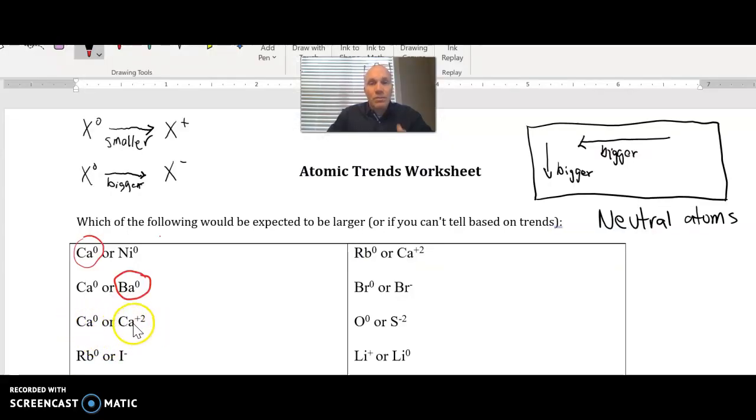Notice that this one compares the same element but with different charges. So this is the one where you're going to use the trend of comparing a neutral atom to a charged version. When you compare a neutral to the positively charged, remember it gets smaller when you make the positively charged one.